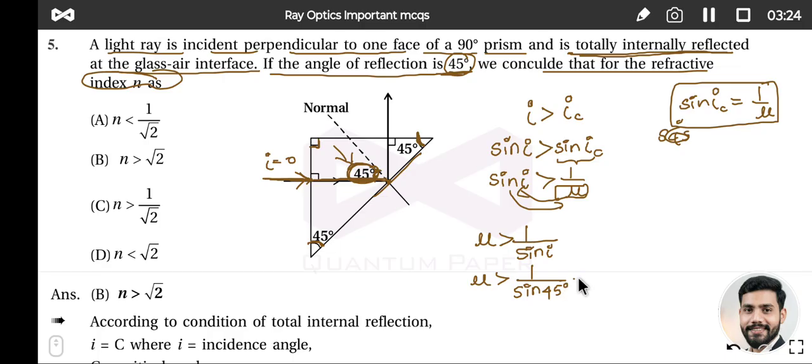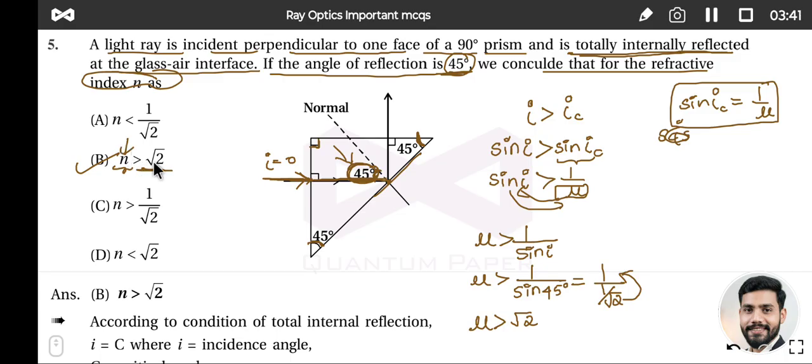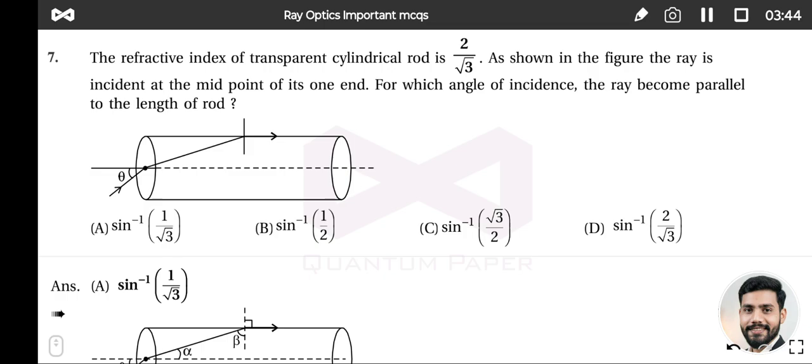And we know that sine 45 is nothing but 1 by root 2. So 1 upon 1 by root 2, the denominator of the denominator will go in the numerator. So we get mu is greater than root 2. So the correct answer is option B. Mu means n, the refractive index n, which is greater than root 2. Look at the next question.